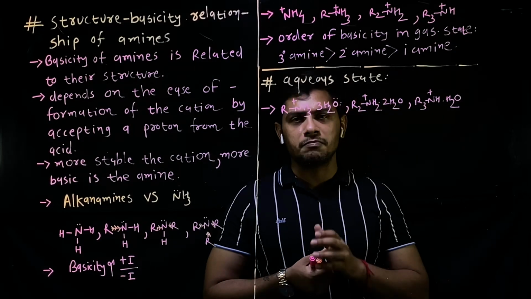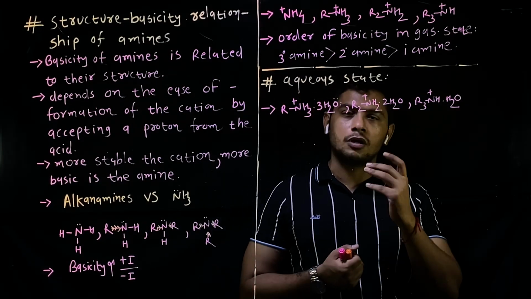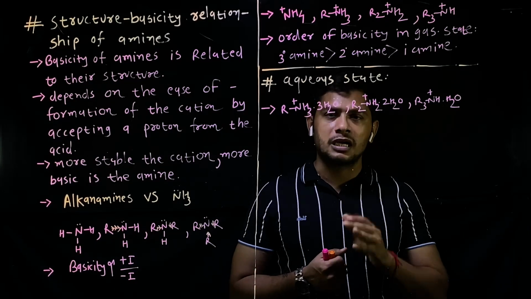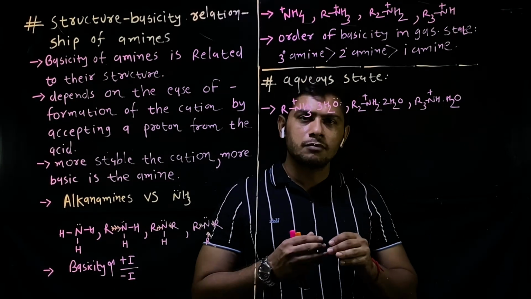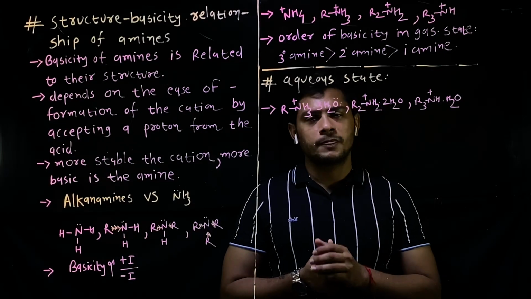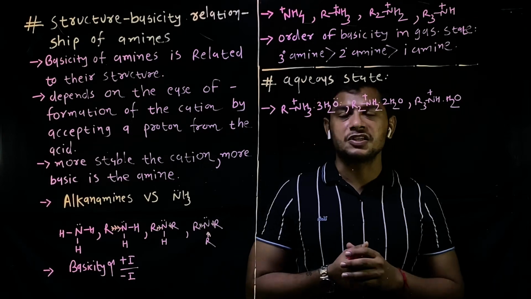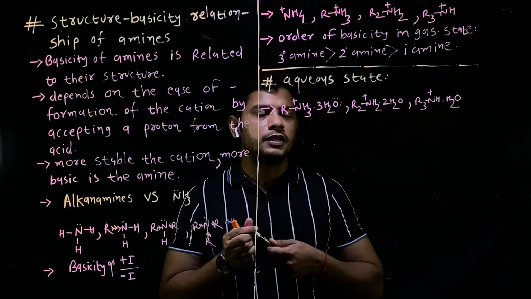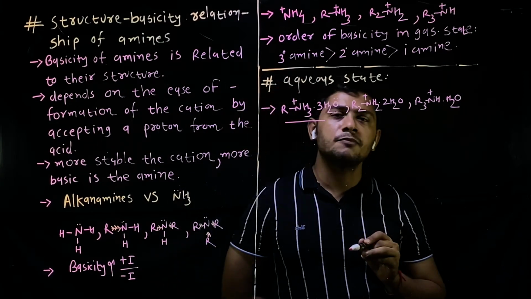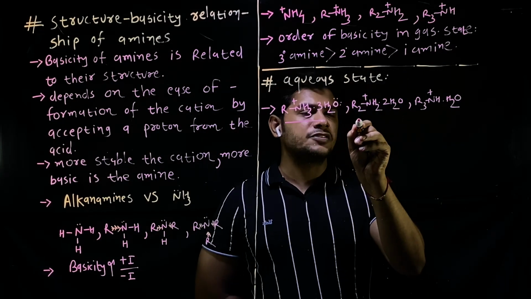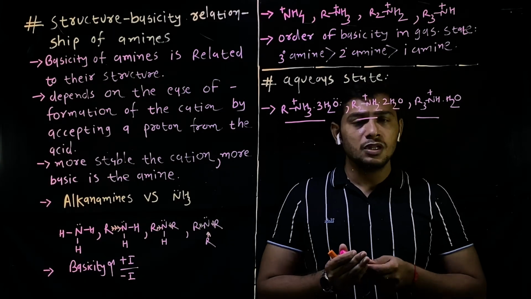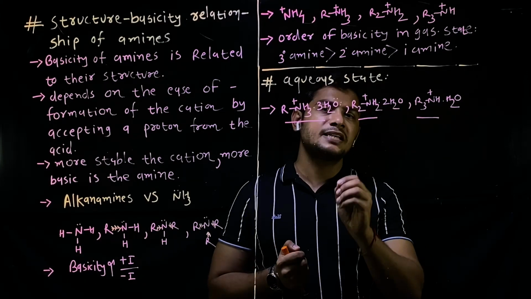So, to understand basic strength, first we need to understand solvation. Again I'll repeat, as the number of alkyl groups increases, solvation decreases. In the case of primary amine, it is maximum solvated, then secondary and then tertiary amine. So, as solvation increases, basic strength increases.